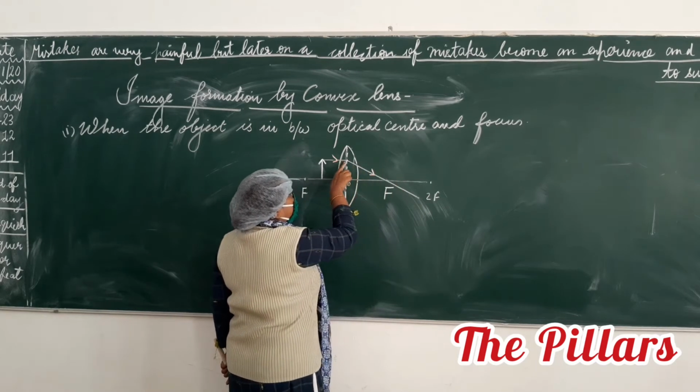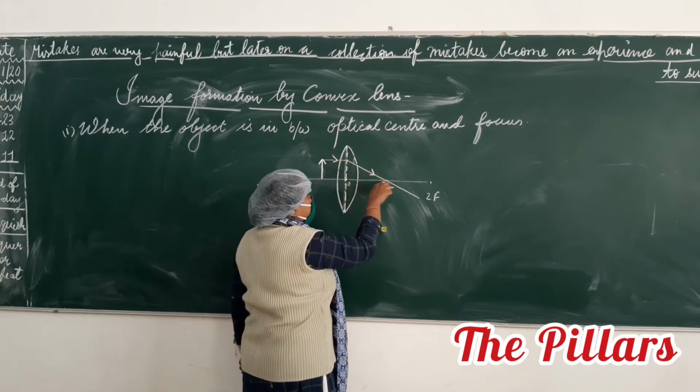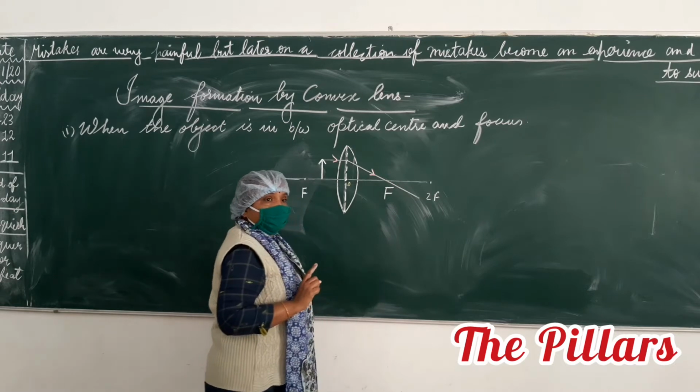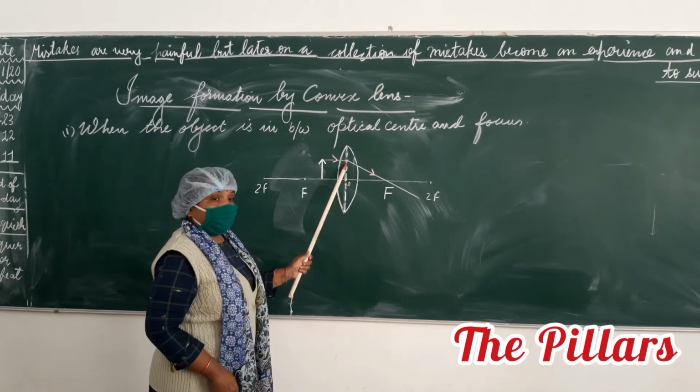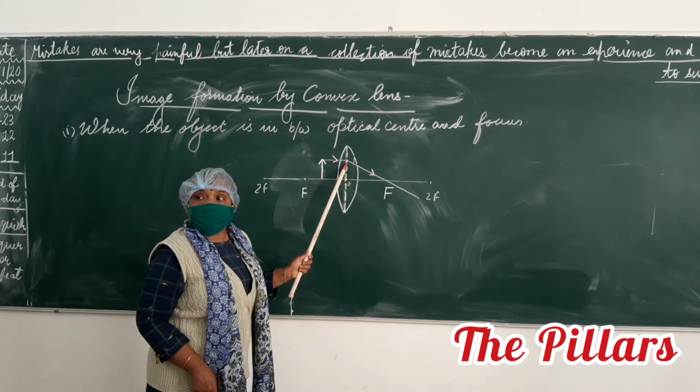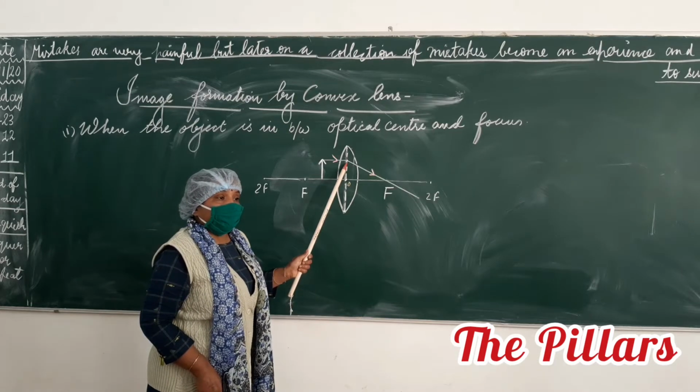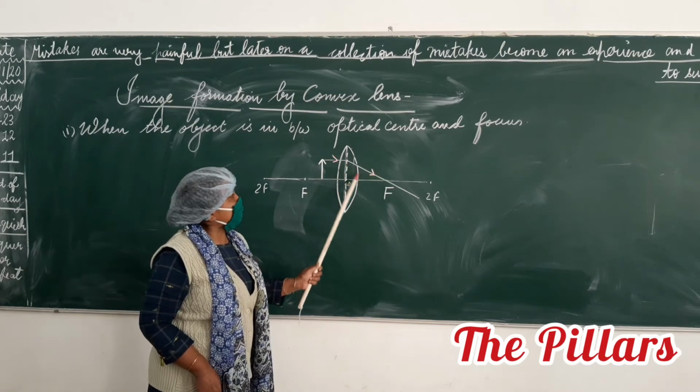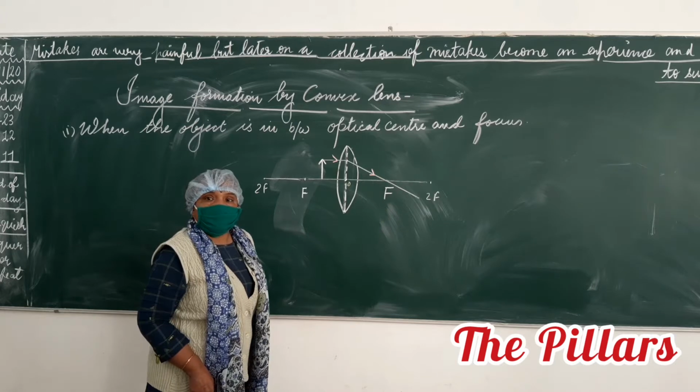From up till here you will go straight, then you will show deviation. The dotted lines. Up till here you will go straight. This is the reason why we draw this dotted line. Then you show the deviation through F2.